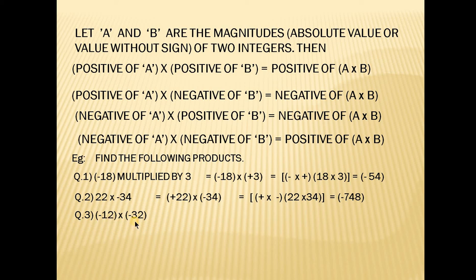Question number 3, both are negative integers. It is already in the integer form, so you can straight away write negative multiplied by negative, and 12 multiplied by 32, which is equal to, negative multiplied by negative is positive, 12 times 32 is 384. This completes it.